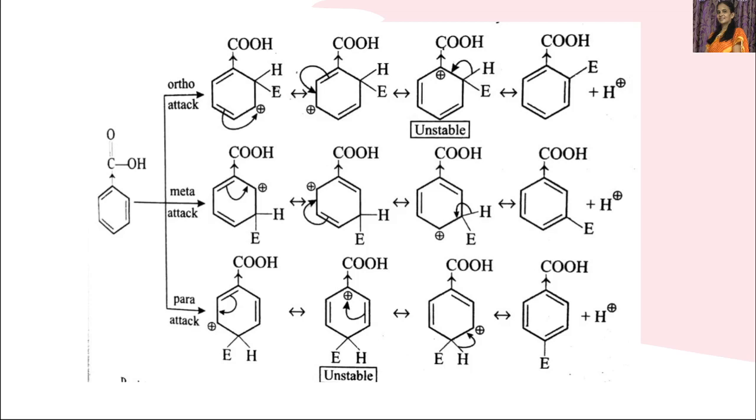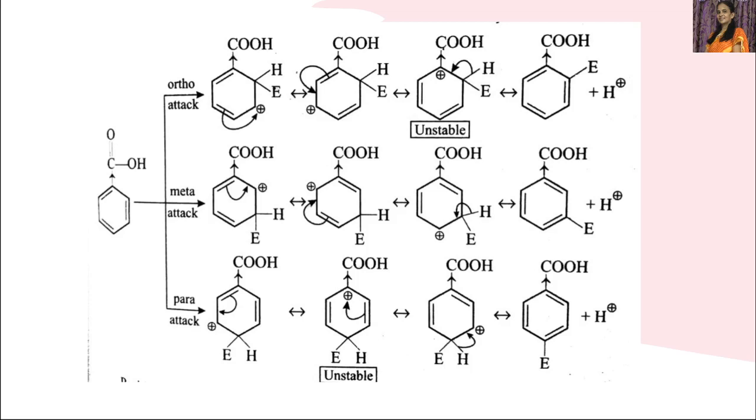With the help of this pi bond electron, it forms a sigma bond with the electrophile, and the adjacent carbon gets the positive charge, which undergoes delocalization with the help of the remaining two pi bonds present in the benzene ring.